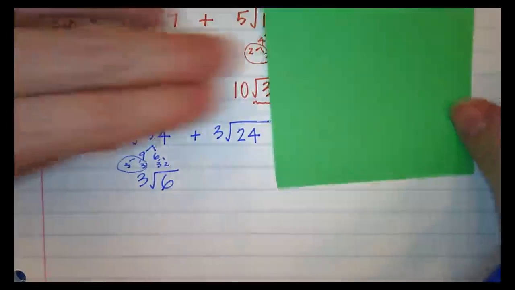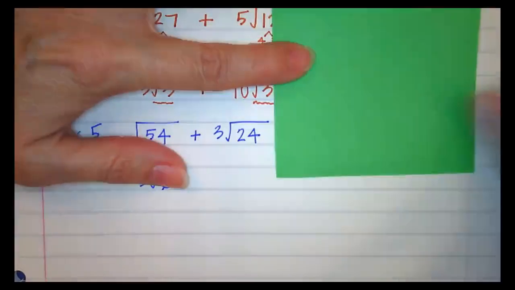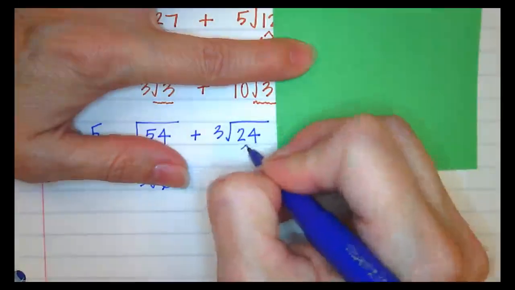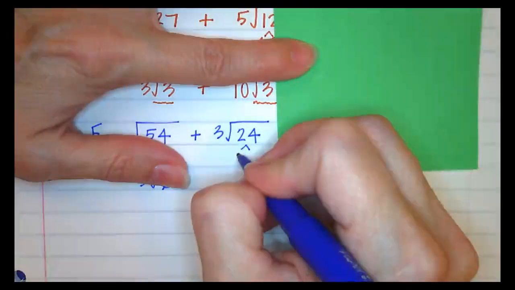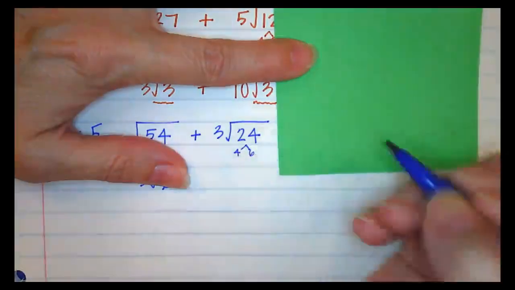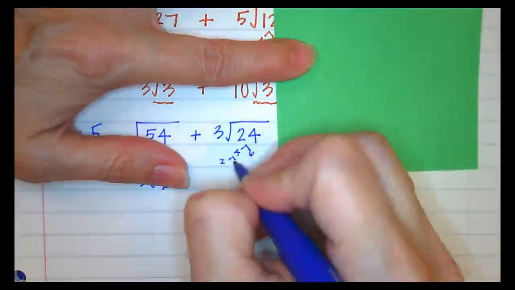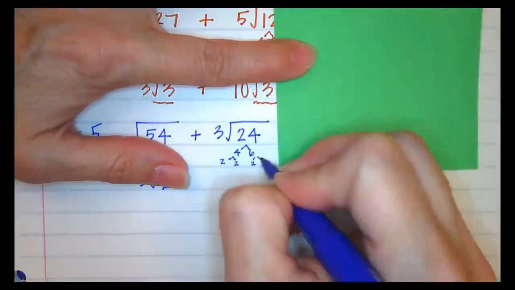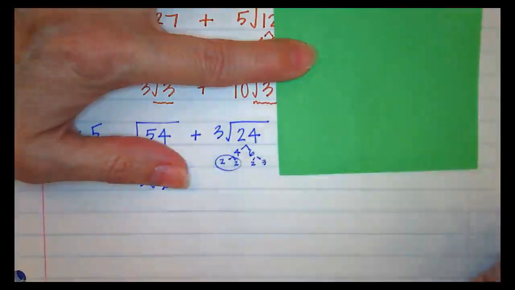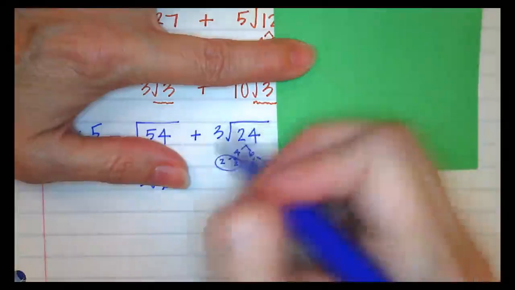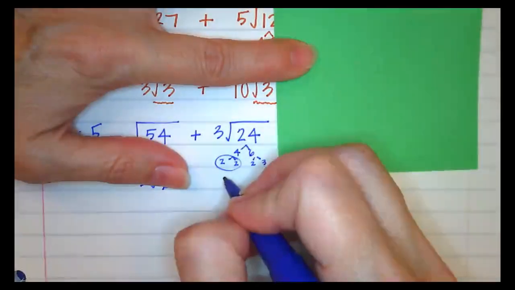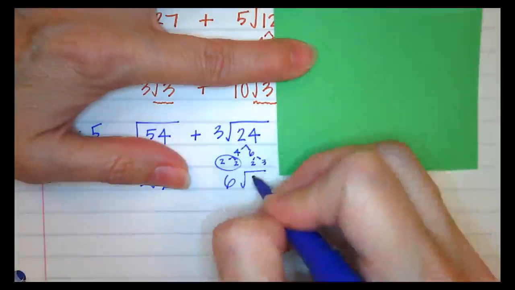All right, next up, let's work on this one. So 24. Now there's lots of things I can do with 24, but I'm going to stick with 4 and 6. So that's going to be 2, 2, 2, and 3. That's a pair of 2's. So this is going to end up giving me 6 root 6.